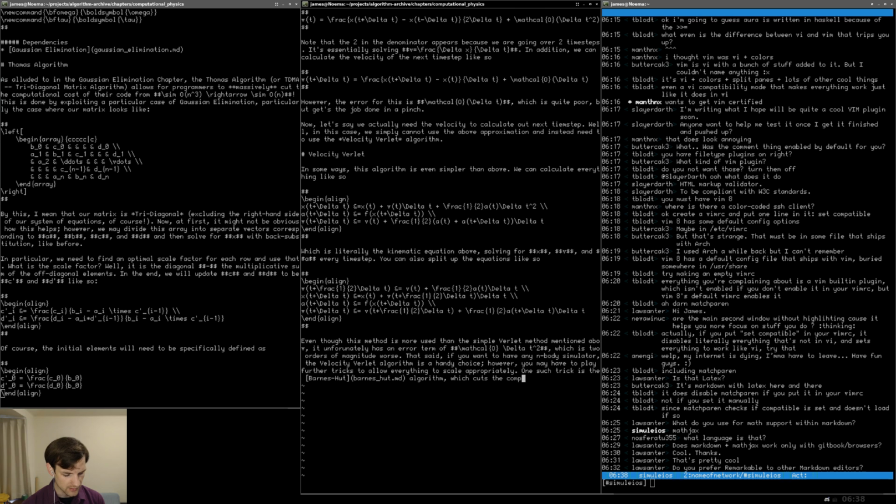Cuts the complexity of n-body simulations from, and I guess we're just gonna do mathcal O of n squared, and I'm going to put a sim here.